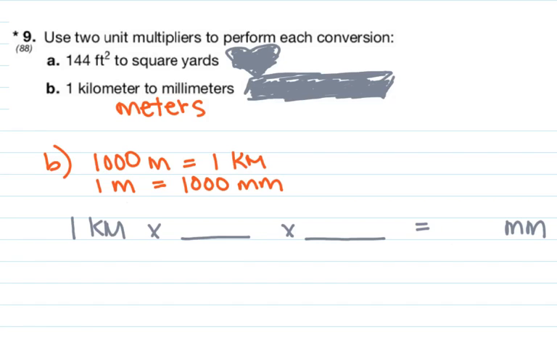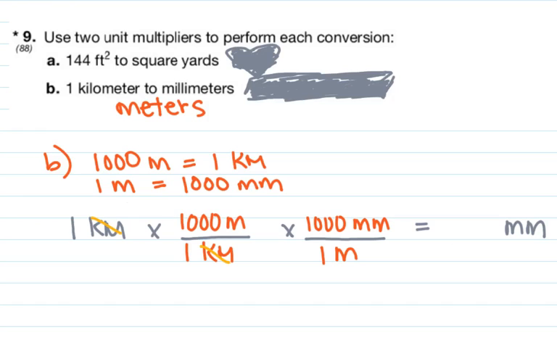So I'm going to put 1 kilometer down here and 1,000 meters up there. Now again, I don't want my answer to be in meters, so I'm going to have my meters cross out. So I'm going to put, for my next unit rate, 1 meter down here and 1,000 millimeters up there. And now I'm going to show you how I cross everything out.